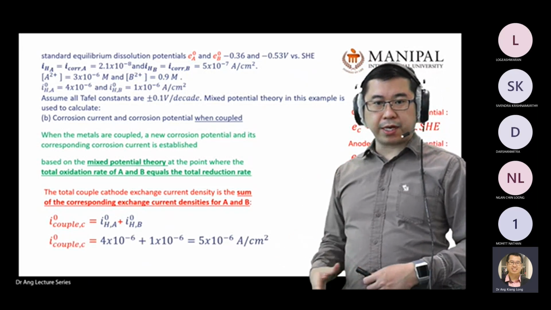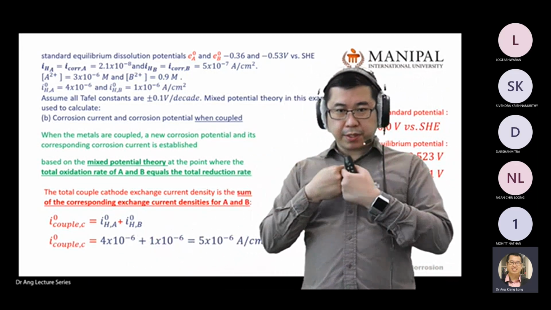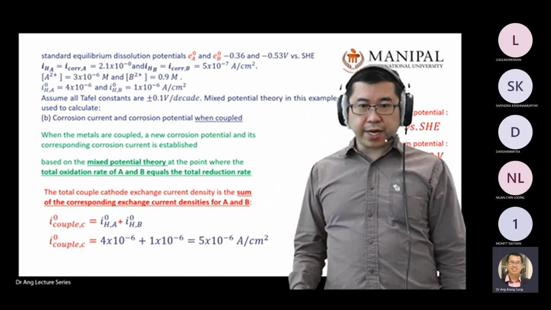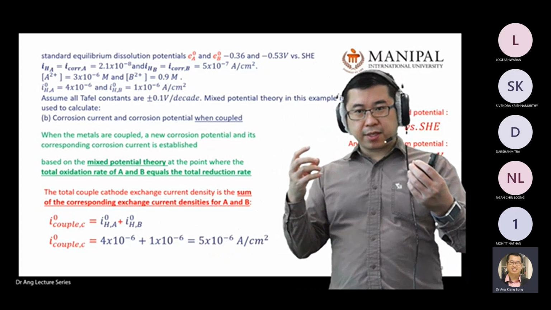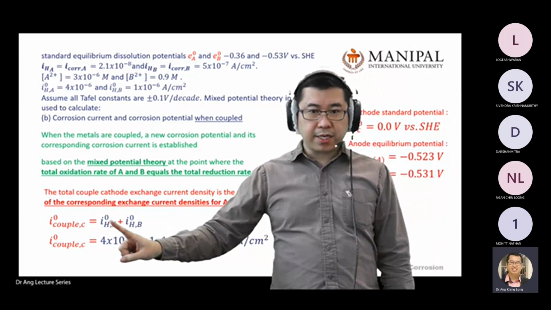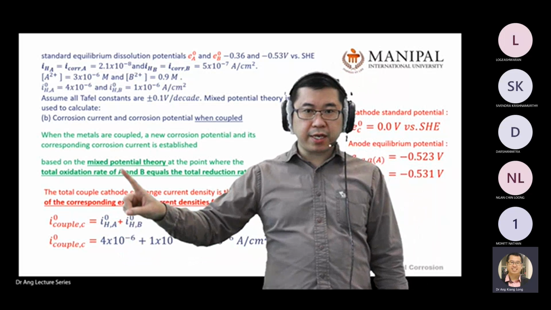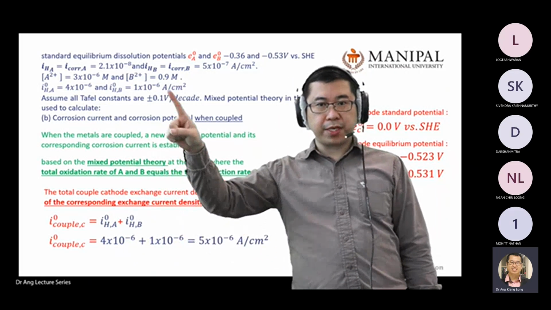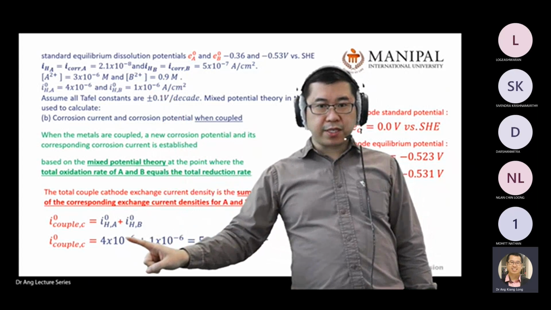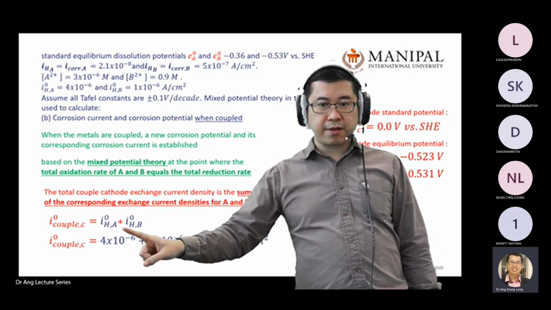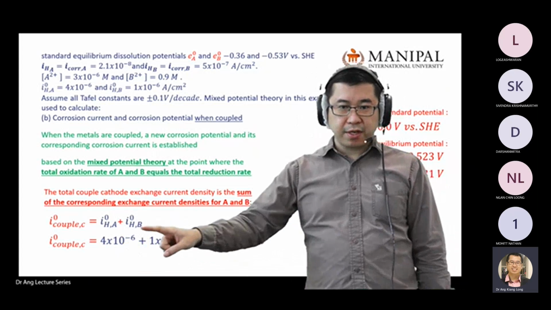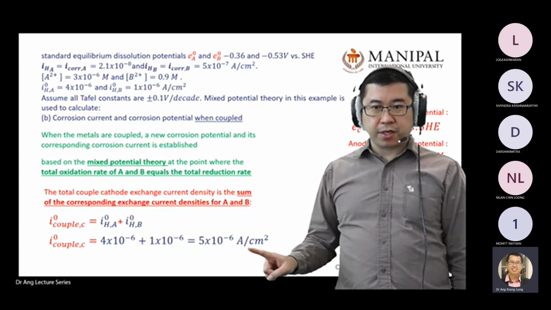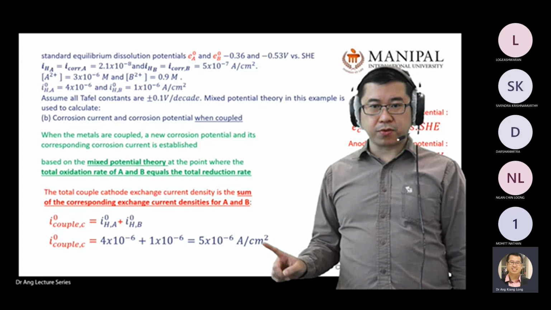Then you substitute the values. What happens if you couple is that the total current density you get is the combination of A and B. What is the value for hydrogen evolution for A? It is 4. What is the value for hydrogen evolution for B? It is 1. Both are 10 power negative 6, so you just combine 4 plus 1, you get 5. Copy the 10 power negative 6. The unit is ampere over cm square.